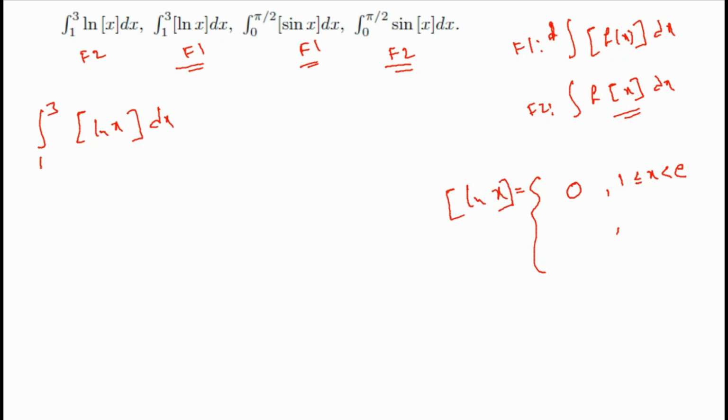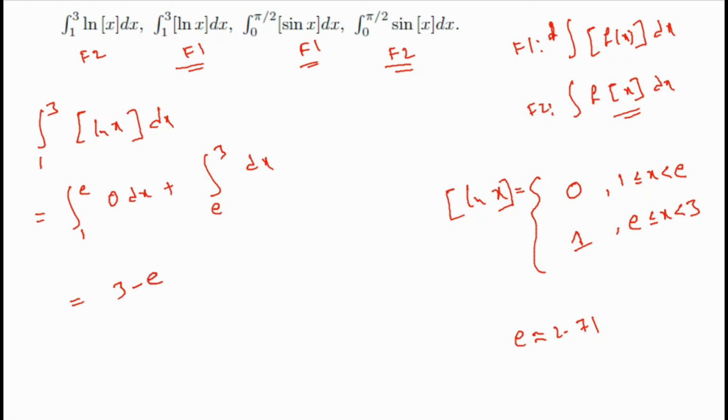The value of e is approximately 2.71, so for e ≤ x < 3, the ln value will be 1 point something, so ultimately this is 1. We get the integral from 1 to e of 0 dx plus the integral from e to 3 of dx, which ultimately is 3 minus e.